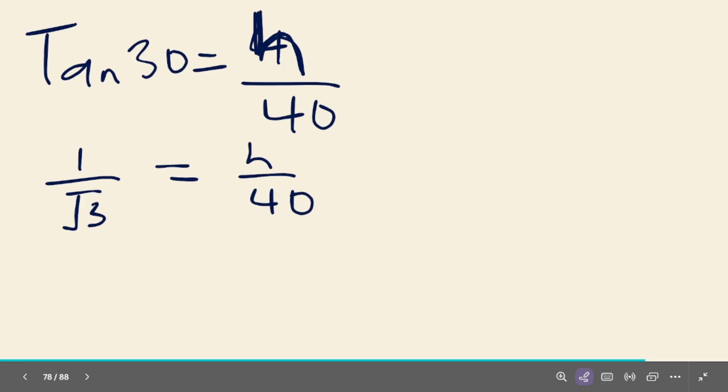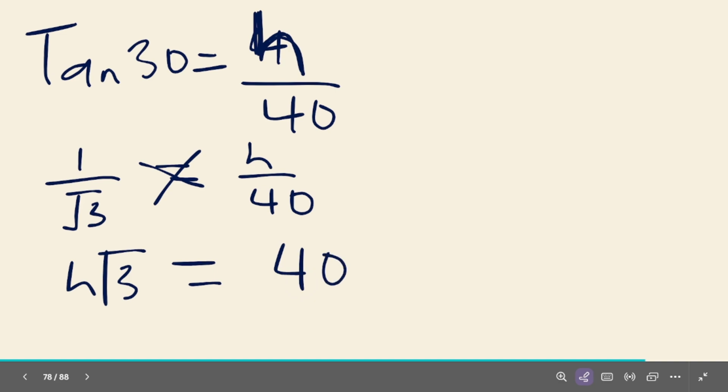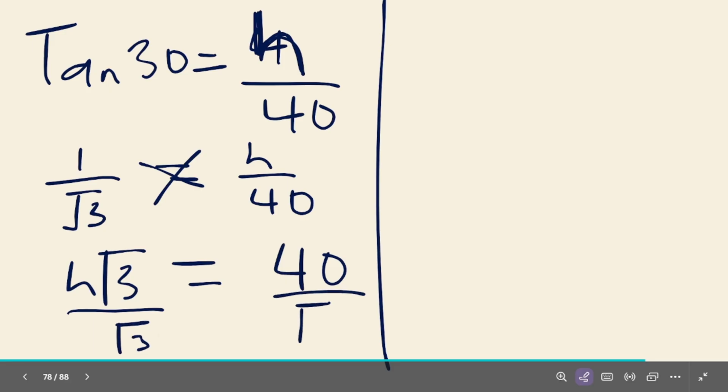From here, you cross multiply, you have H root 3 is equal to 40. Then since you are looking for H, you divide both sides by root 3. Root 3 cancels root 3. H will be 40 divided by root 3.